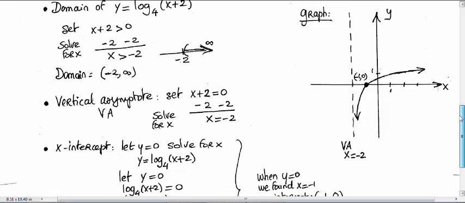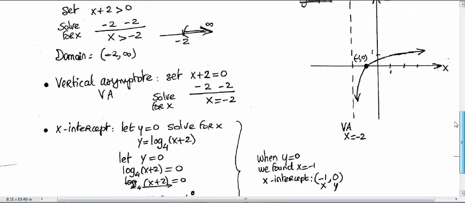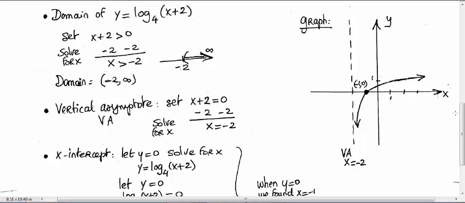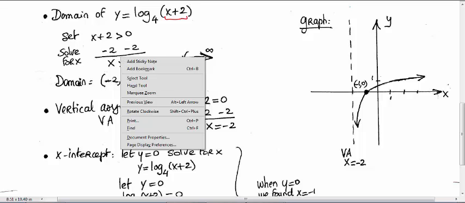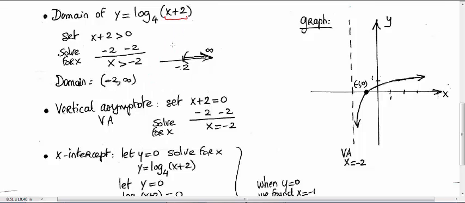Now, to get the vertical asymptote of such a function, remember that the quantity inside the log is the quantity x plus 2. To get a vertical asymptote, since it's an equation you're looking for, you will have an equal sign showing up, and you need to take the quantity x plus 2, set it equal to 0, and solve for x.